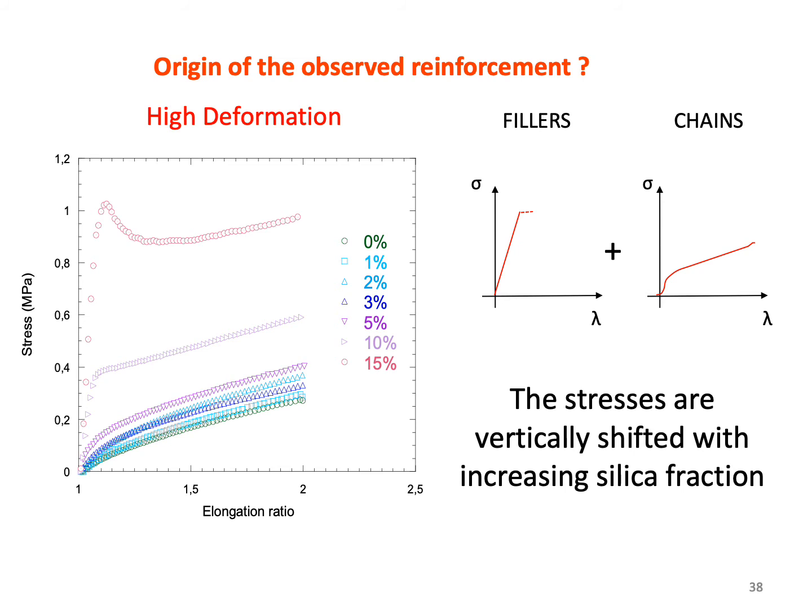But altogether, there is this vertical shift, so that we can imagine, like I drew on the top right, that you have two contributions: one of the chains on the right, slowly climbing, and one from the fillers on the left, which corresponds to a very sudden shift.